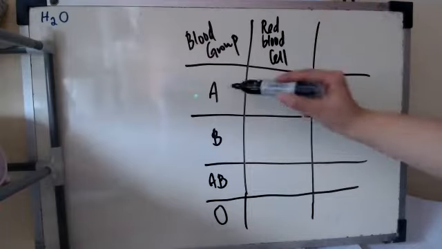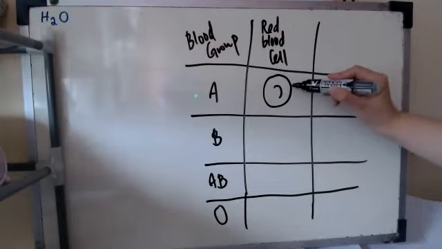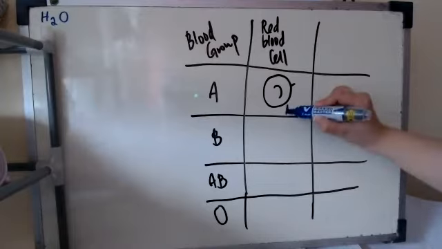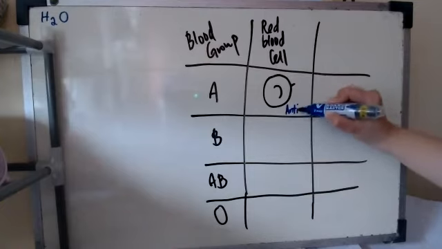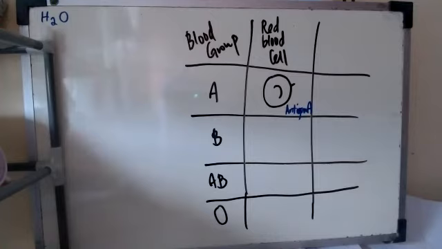The red blood cell of blood group A tend to have what we call antigen A. Antigen, normally we capitalize it.